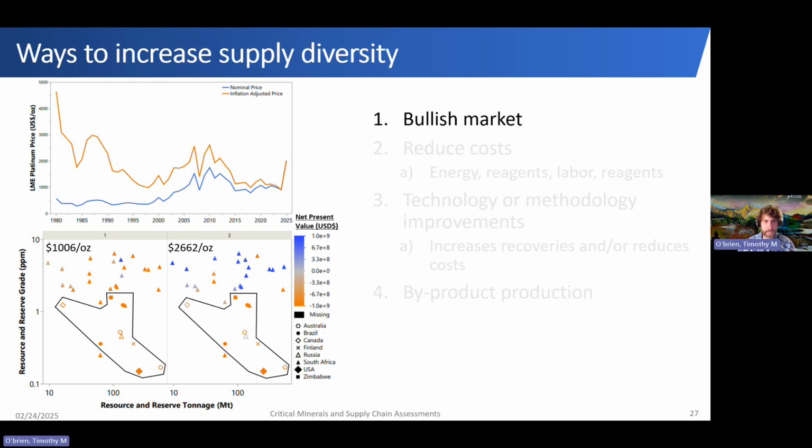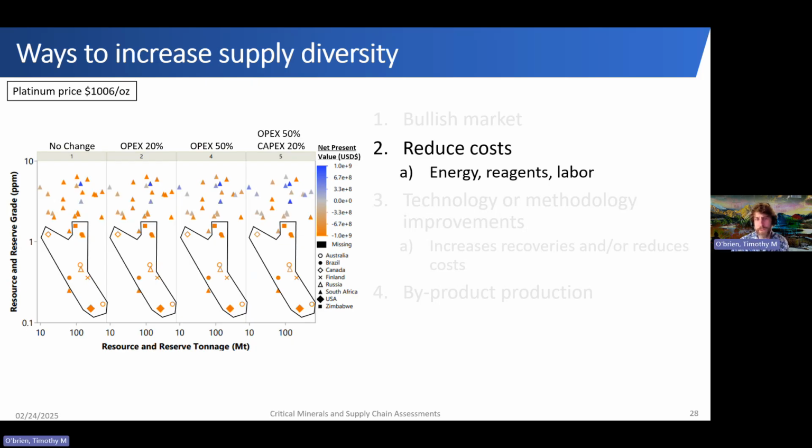Using the 2023 price, none of these projects are going to be economically competitive. Then if we use the price when it was at its highest, like $2,600, even with these high prices, these mines cannot move forward. But essentially almost all the South African mines can. And so if all these mines were able to come forward, production would increase and price would diminish.